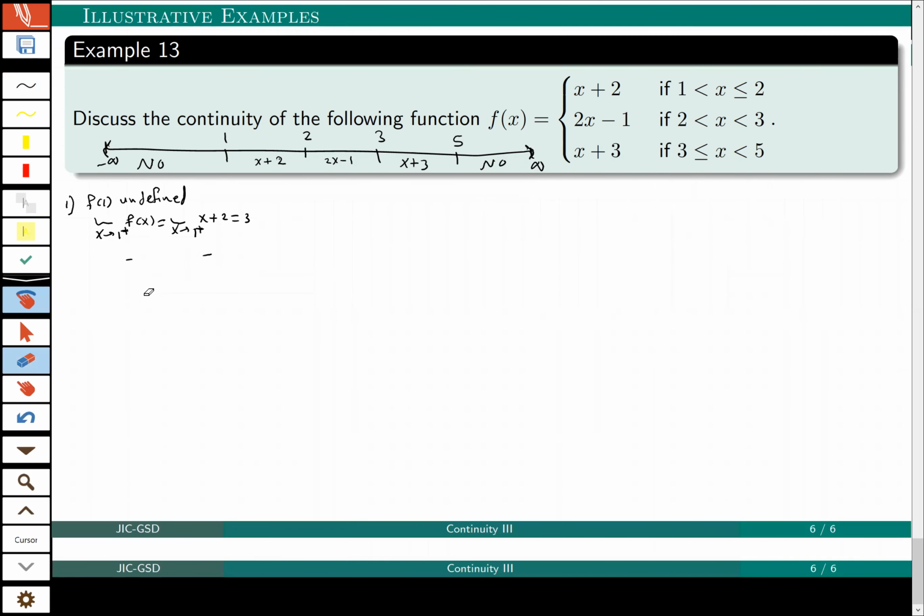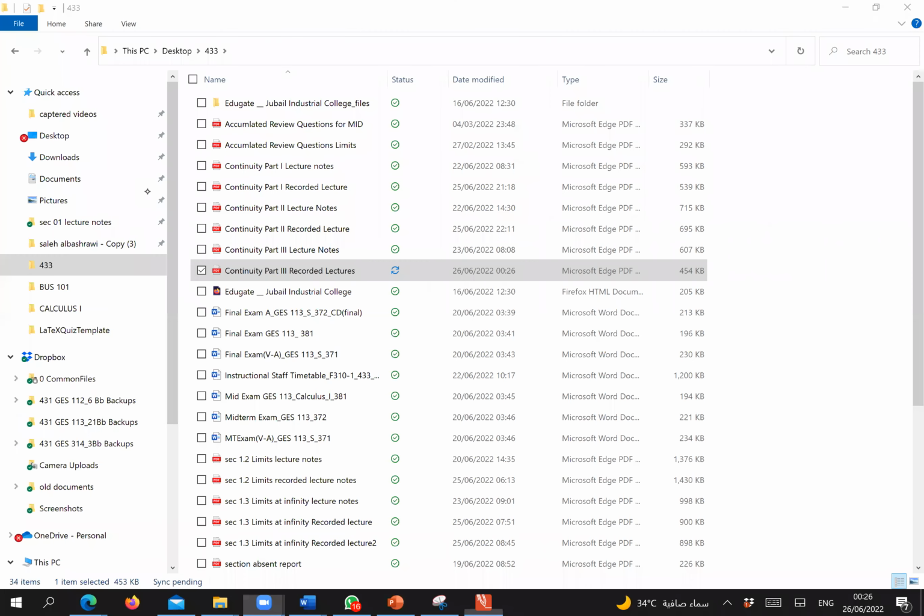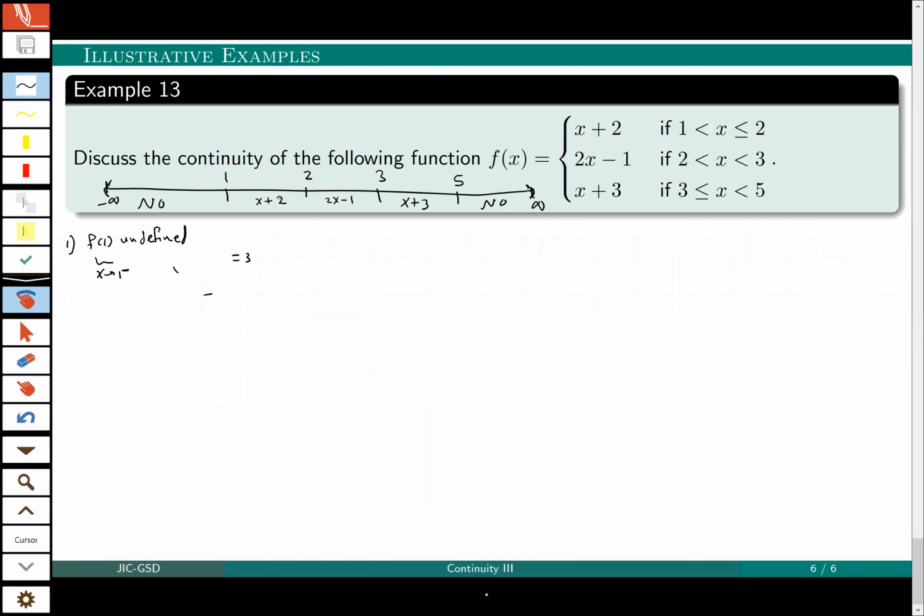So what we will say now, at 1, our function is not continuous. If f at 1 is not defined, the limit when x goes to 1 from right, it's x plus 2, which is 3.